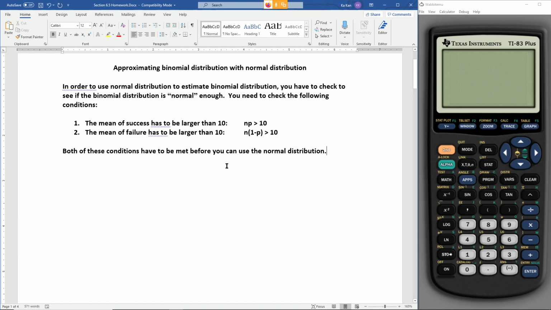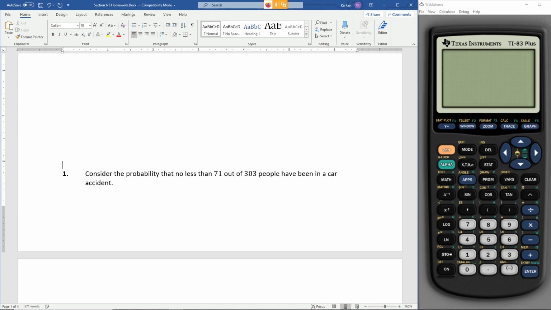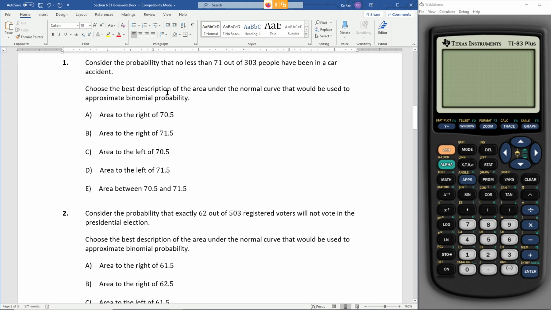Now let's look at some examples. Number 1, consider the probability that no less than 71 out of 303 people have been in a car accident.